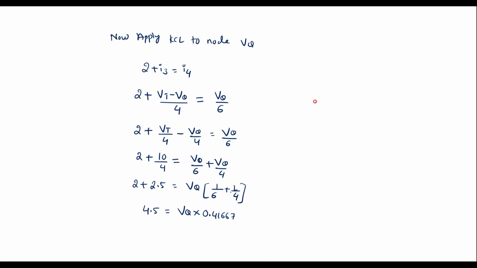So therefore here I can write Vq is equal to 4.5 divided by 0.41667. Simplifying this, we get Vq equal to 10.8 volts.